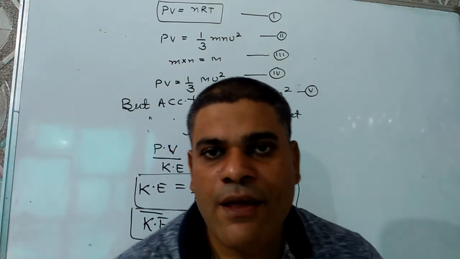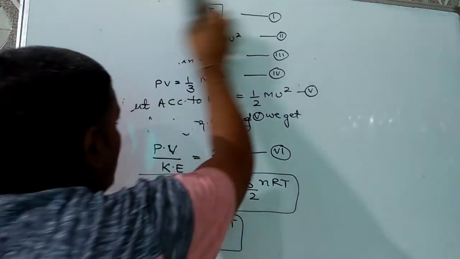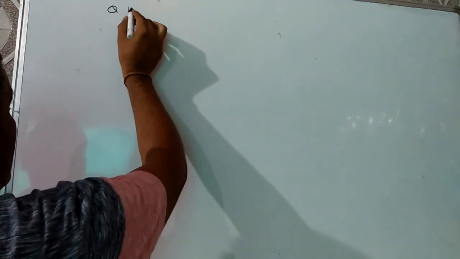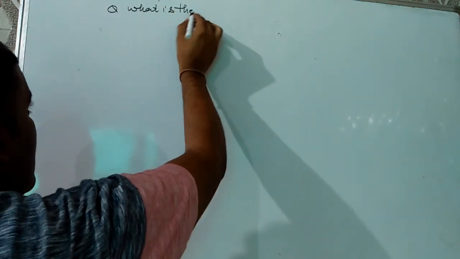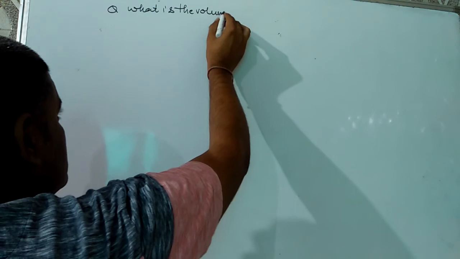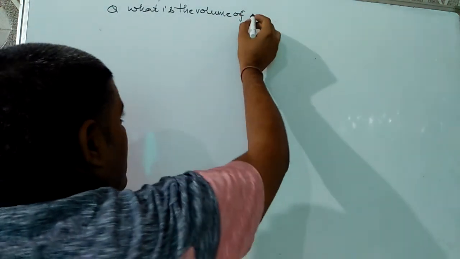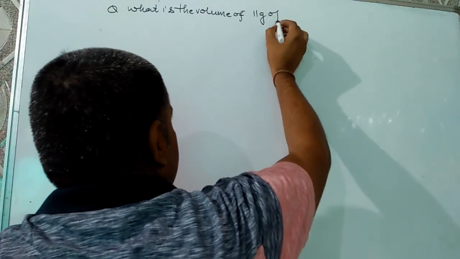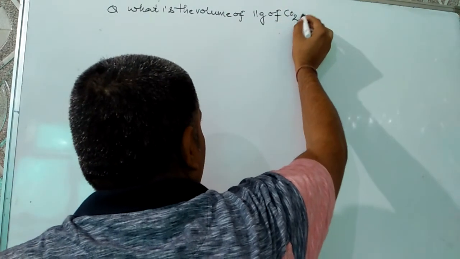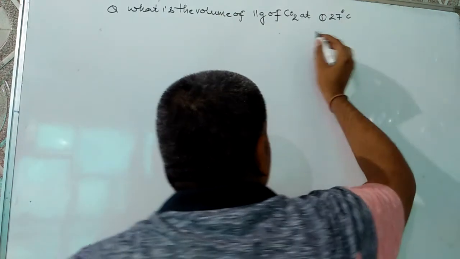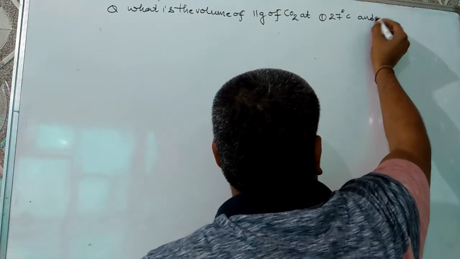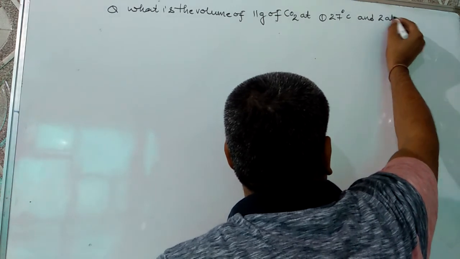First question: what is the volume of 11 gram of carbon dioxide? The first case is at 27 degrees centigrade and 2 atmosphere.